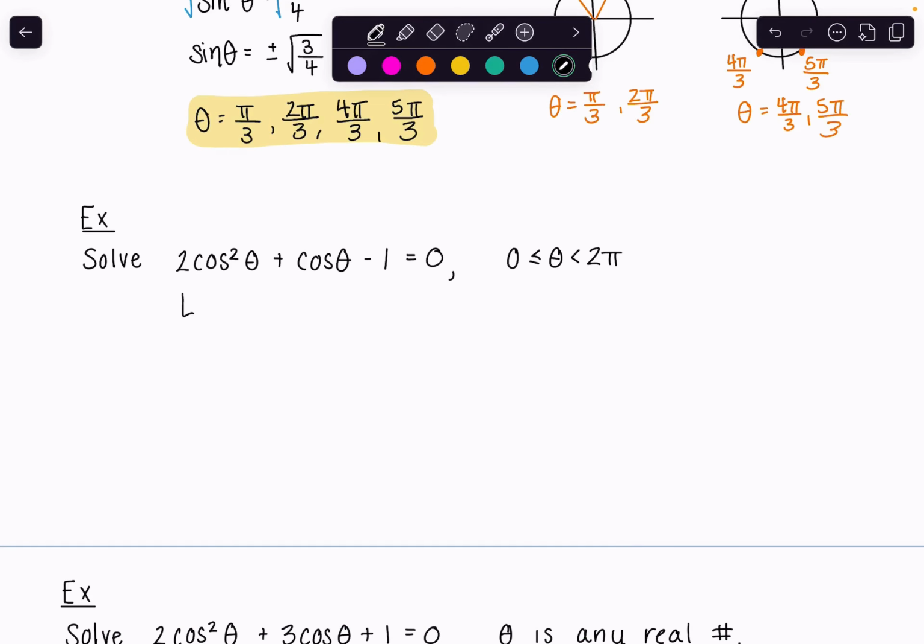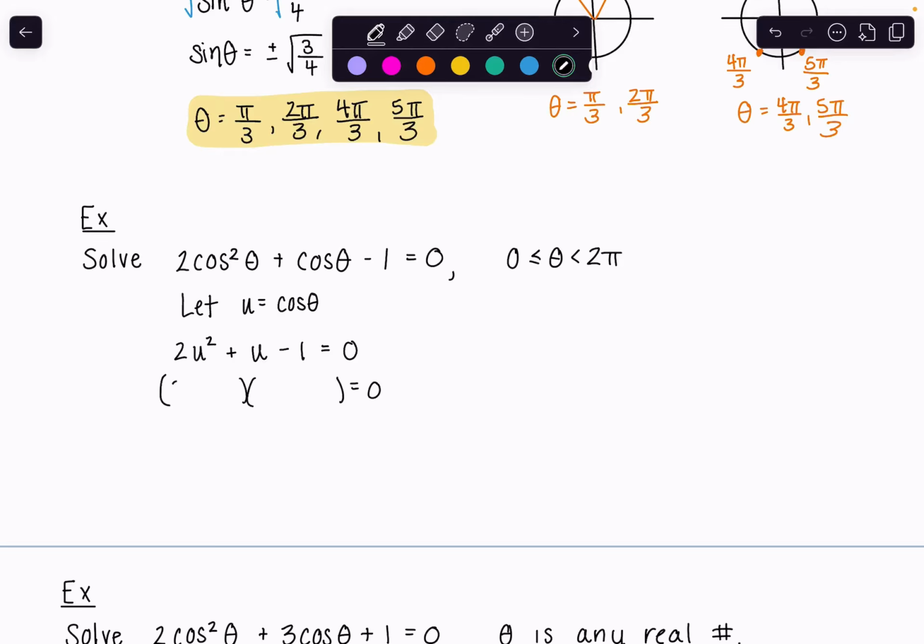We're going to let u be this function cosine of theta, okay? And this will just make it cleaner so I get a quadratic I can actually work with. So 2 cosine squared would represent 2u squared, plus cosine is plus u, and then minus 1 equals 0. So this is just a quadratic equation that I can go about factoring.